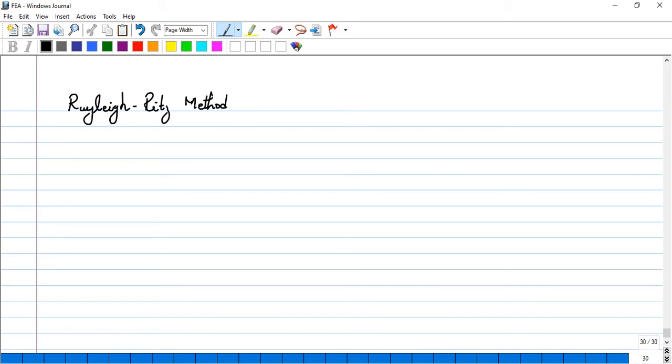So I will list out the steps that we are following in the RR method. In order to solve the problem, these steps are very much essential.